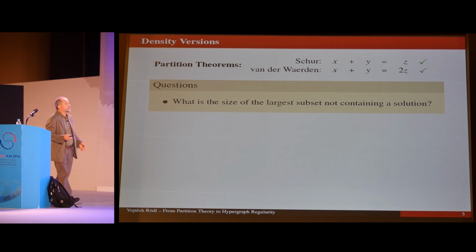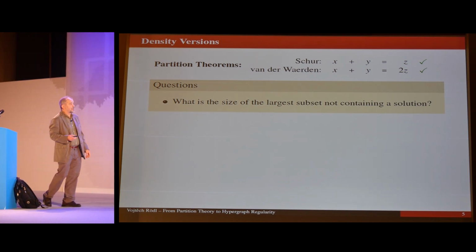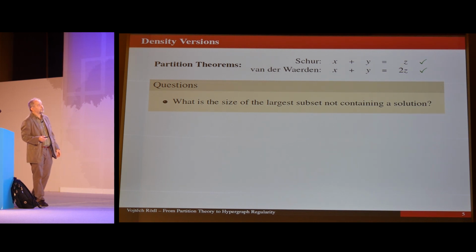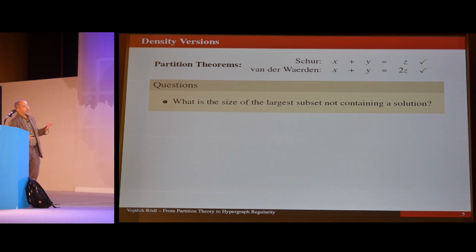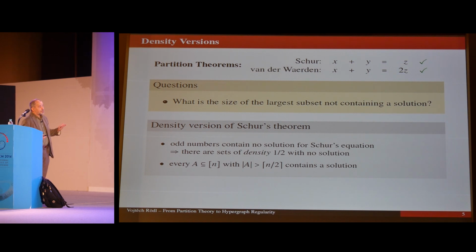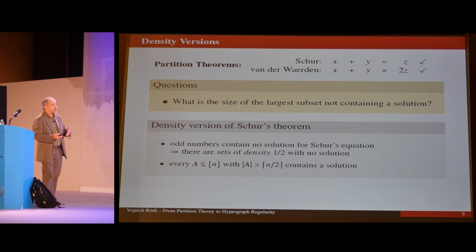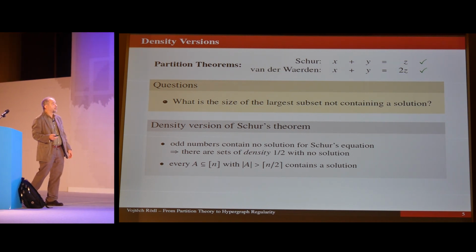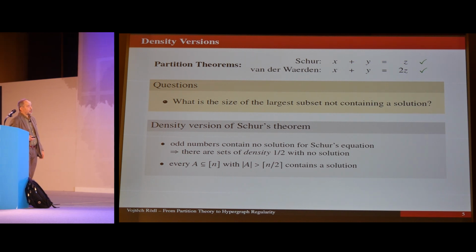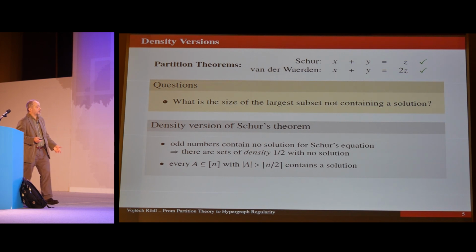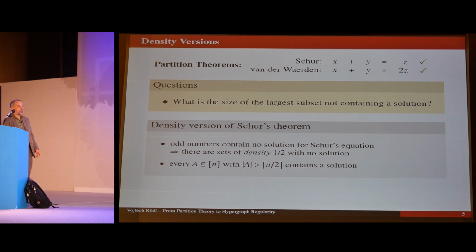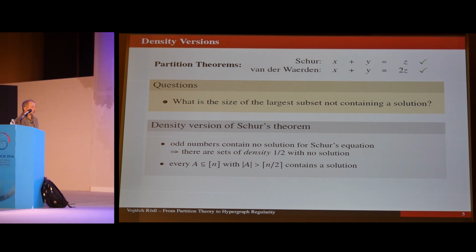So what is the size of the largest subset not containing a solution? If we ask that, for sure, the answer is very simple. If we take the integers between 1 and n, then among the odd numbers there is no solution, right? So there is a subset of density 1/2 with no solution.